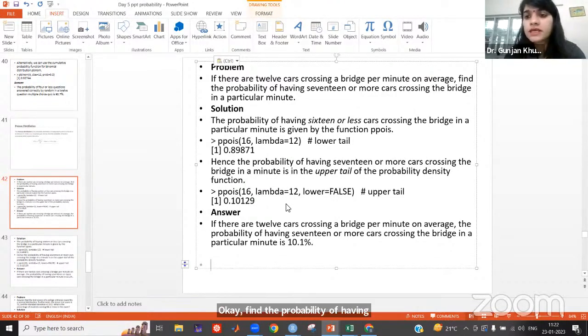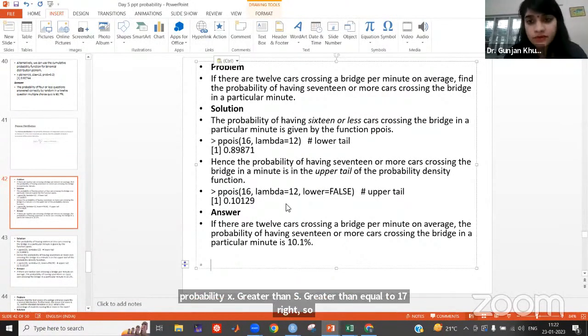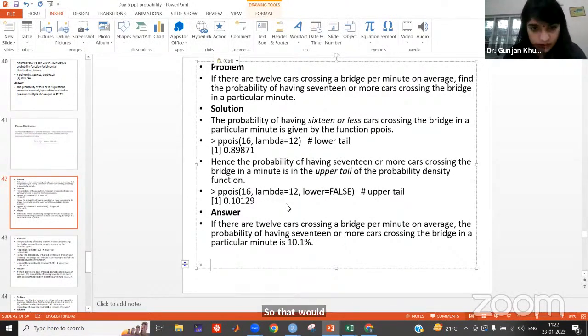So probability x greater than or equal to 17, that would be 1 minus probability x less than 17. Is that okay?